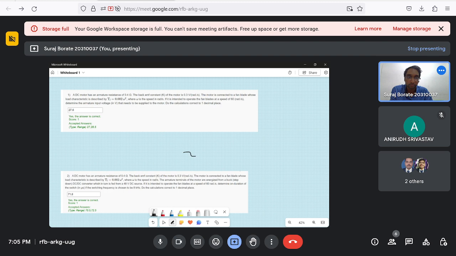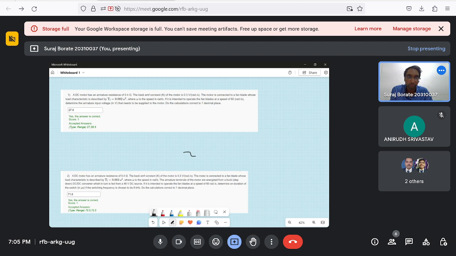So first of all, we know K and we know omega, so let's find the value of back EMF. This is K into omega, right? So 0.3 into 60. That will be how much? 18, right?